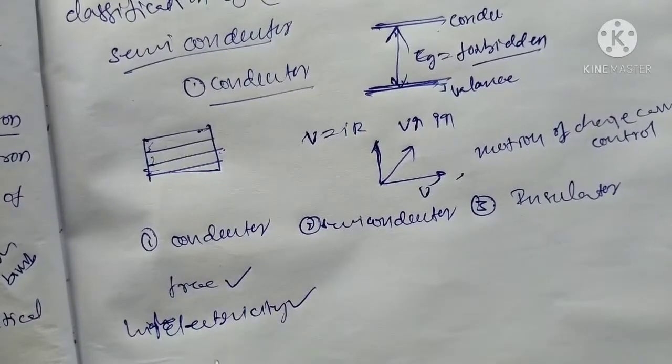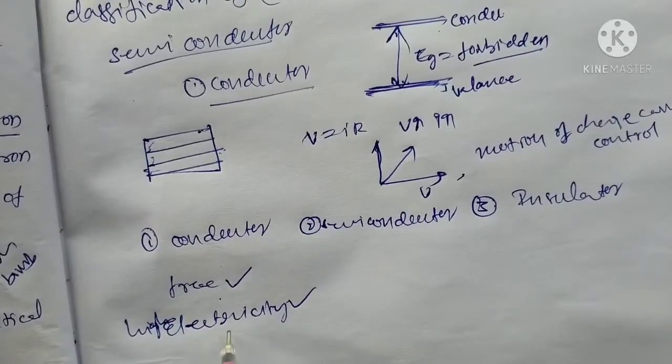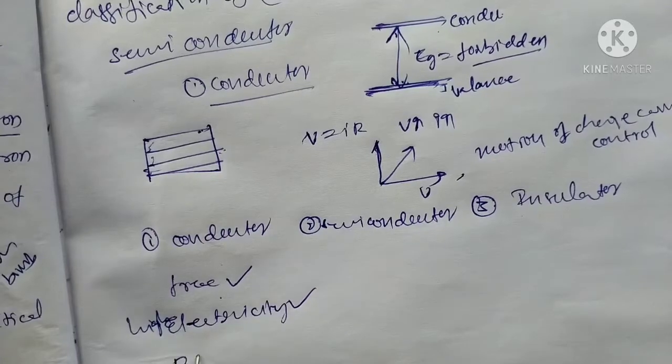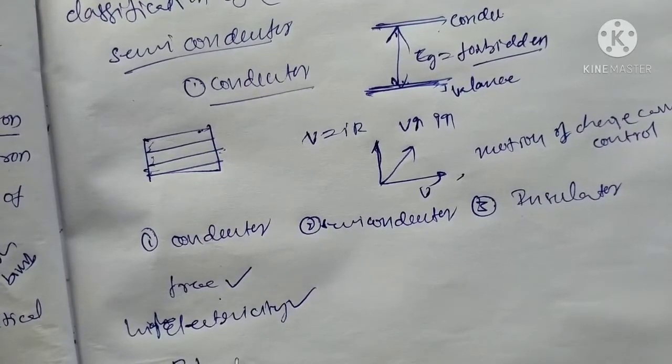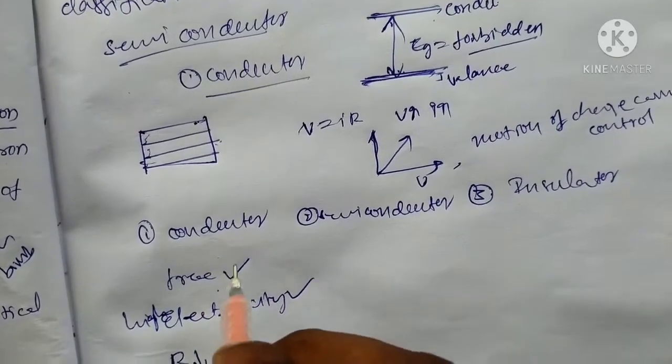Free electrons are more, so they get high electricity, high conductivity. That is, high conductivity is there, low resistance is there, the current is more in the case of conductors.